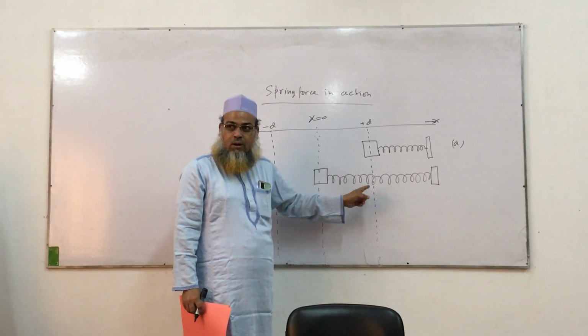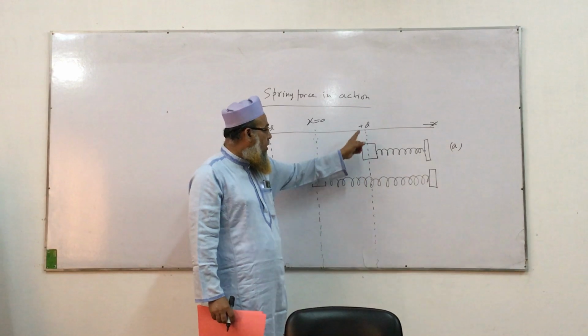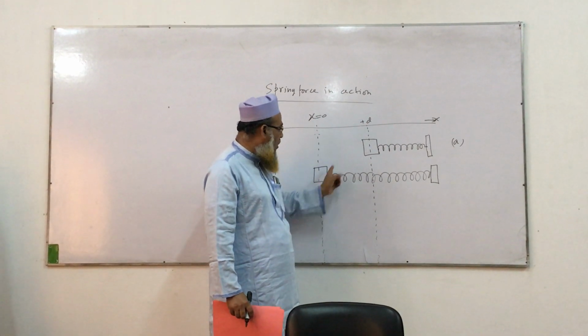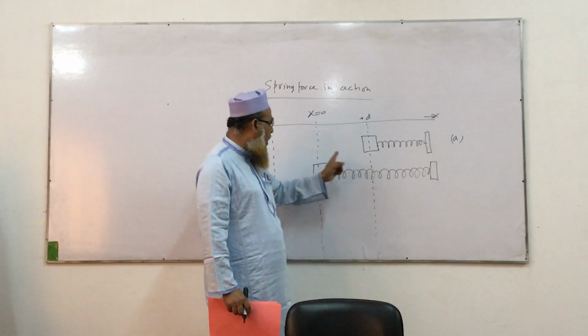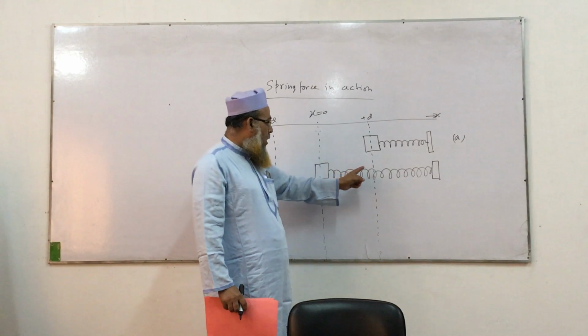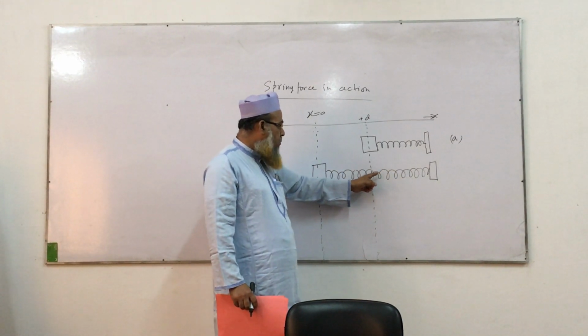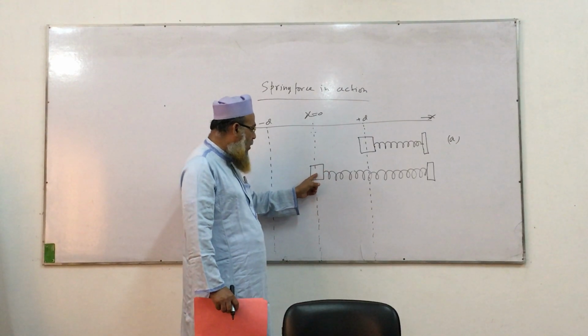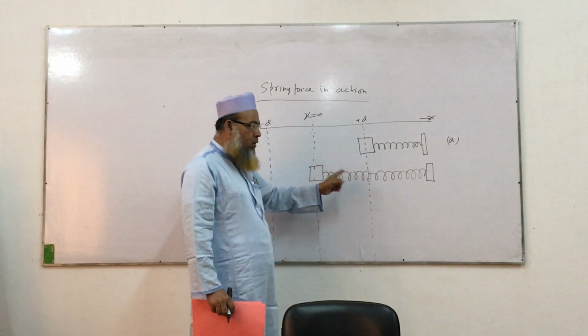Here the spring is working. How? The spring pushes the block from x equal to d to x equal to 0. When the spring pushes the block, what happens?